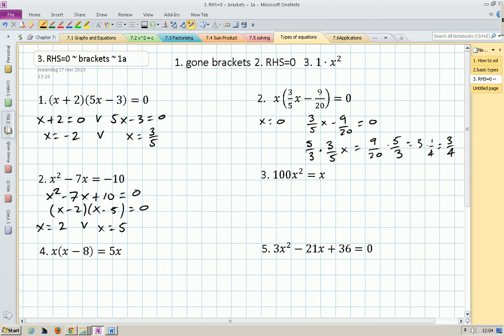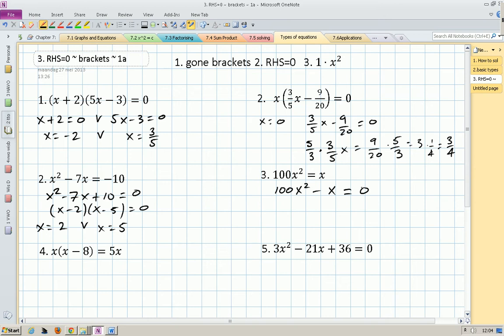Here also, you might be tempted to say, I'm going to divide through by x and get 100x is then equal to 1. Don't do that. It says get the right-hand side equal to 0, so that's what you do. You subtract x on both sides, so it's going to be 100x squared minus x is equal to 0.